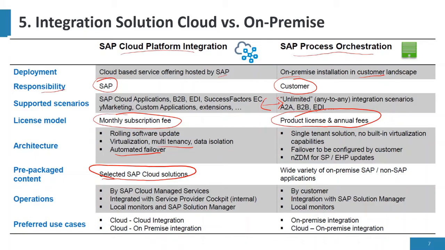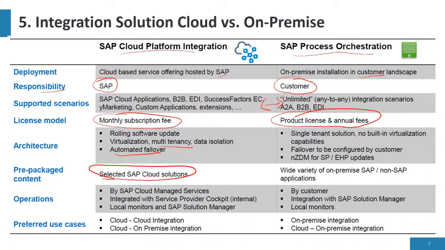There are so many different systems for which we already have pre-packaged content, pre-built iFlows, and we will understand more about what pre-packaged content is and how to use it. We'll have a practical session on that. I will log into the CPI system and do all those things for you, so you will be able to practice along with me. That we will discuss later.